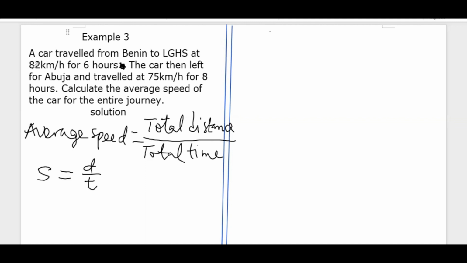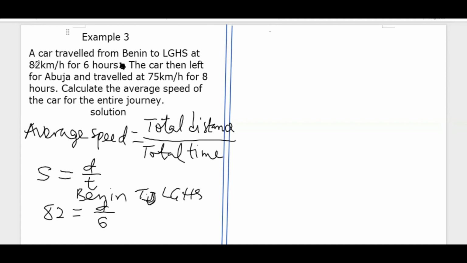Since we are given the speed of the first segment of the journey, which is Benin to LGHS, we know that speed equals distance over time, and the speed then is 82 equals the distance between Benin and LGHS over the time taken, 6 hours.